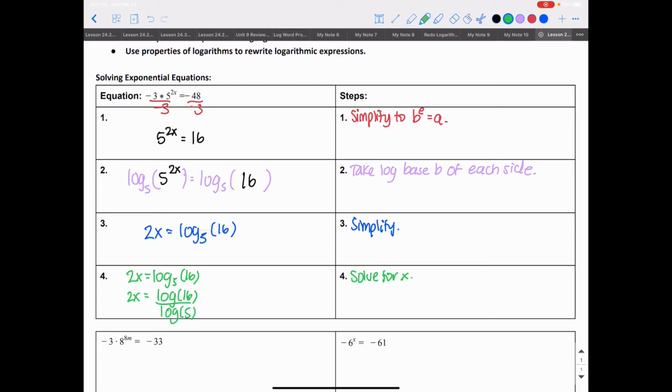And then if I do this in my calculator, I get 2x is equal to 1.723, and then I'm going to divide both sides by 2, and I'm going to get that x is equal to 0.861, and that's my answer.